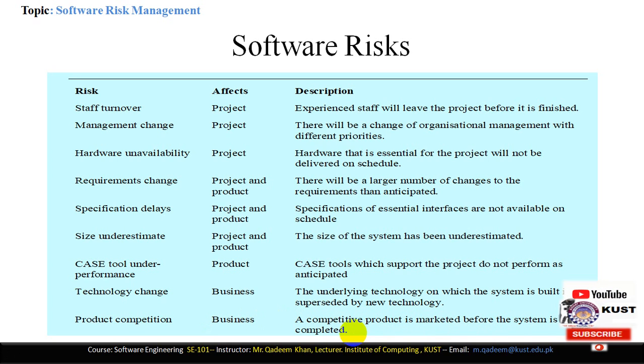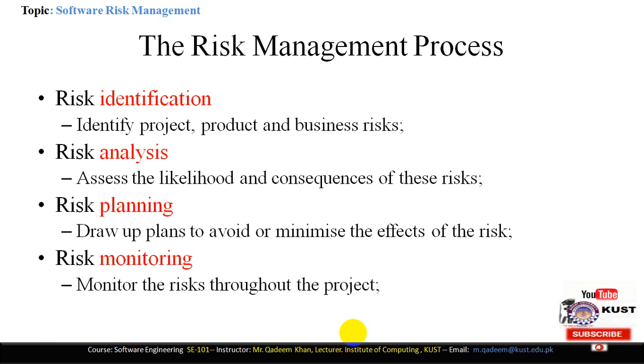If there are two companies in competition, and one company launches its product before the other companies, then that particular company will gain the complete place in the market and have their business, while the other company which has delayed its product, and launches it later, cannot gain the marketplace. So that is the business risk.